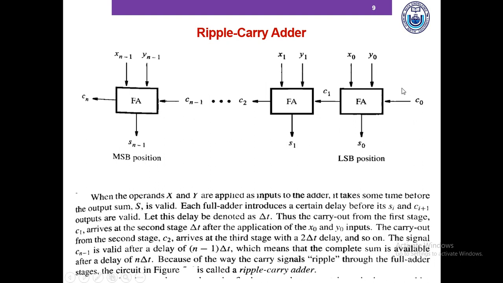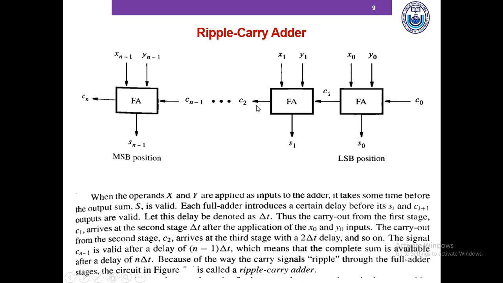In a real ripple carry adder, each full adder introduces a certain amount of delay before its sum and carry outputs are valid. Let's say the delay is delta t. Thus the carry out from the first stage, C1, arrives at the second stage delta t later.